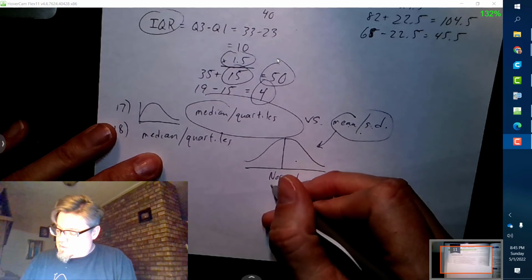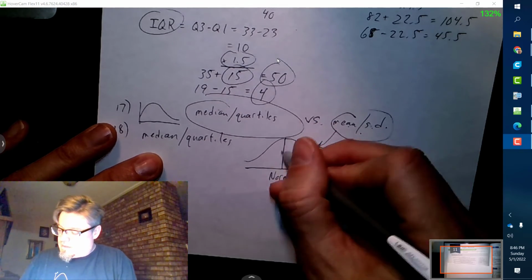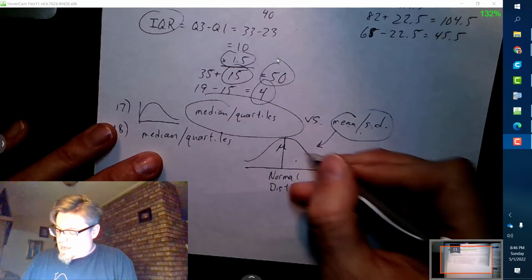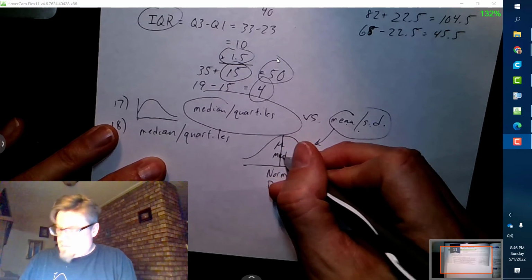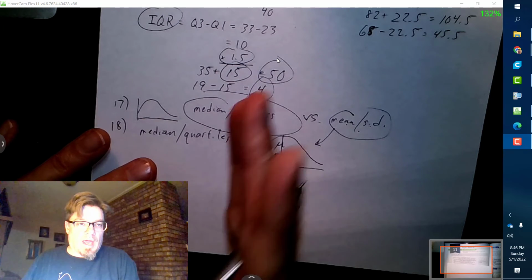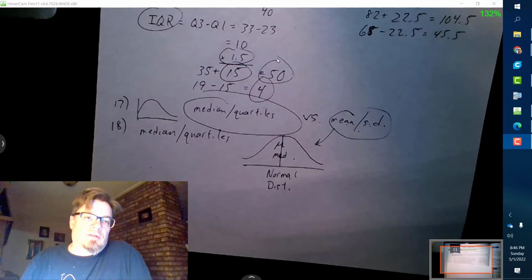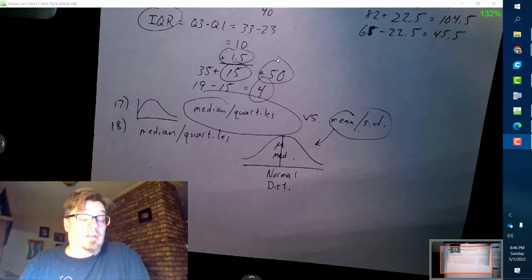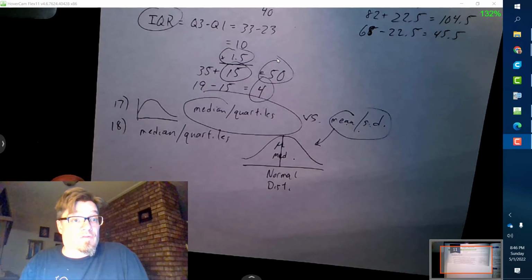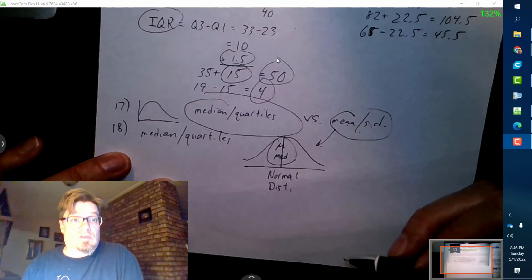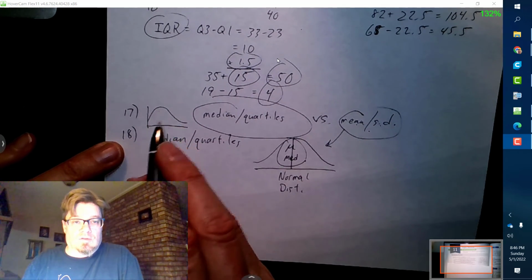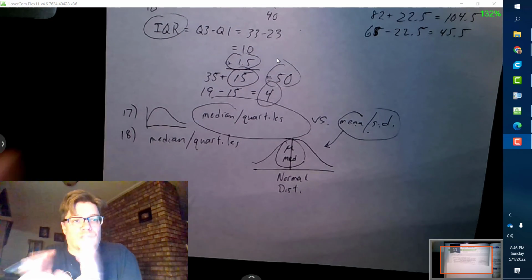The normal distribution means that the mean and Q2, or the median, basically line right up. And when they line right up, that allows you to actually use the z-scores and the z-table that you guys are going to use in the next section for normal distributions. It means these guys line up, and so you can use those tables. You can't use those tables when you've got skewing to the right or left.